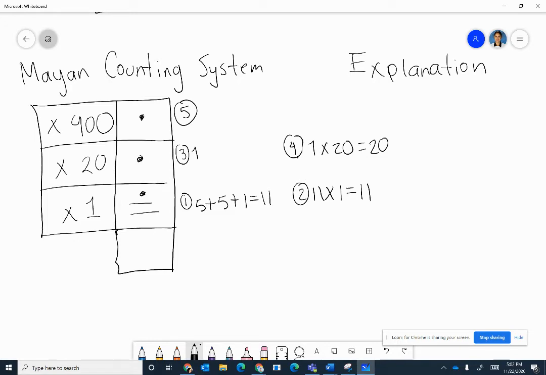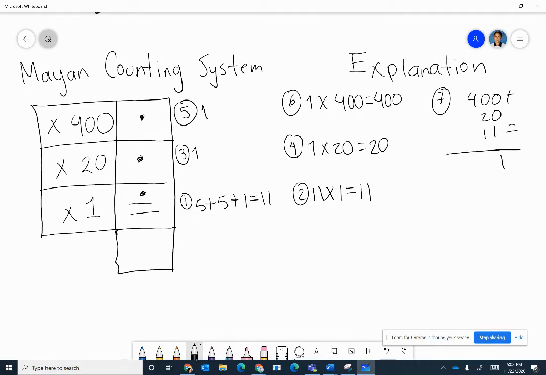In the next level, we have 1 and 1 times 400 equals 400. And that last step would be adding 400 plus 20 plus 11. 1, 3, 4. So we have 431.